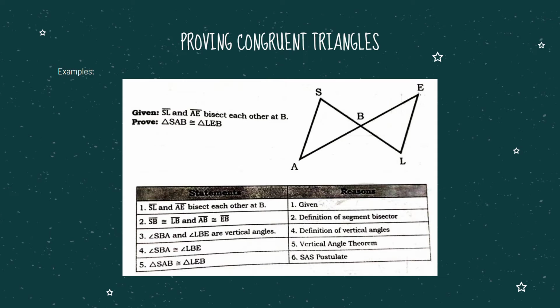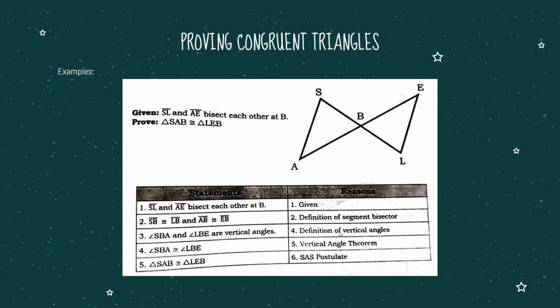Number 2. Line segment SB is congruent to line segment LB and line segment AB is congruent to line segment EB, for the reason that it is the definition of segment bisector. Number 3. Angle SBA and angle LBE are vertical angles. The reason is that it's the definition of vertical angles. We have a typo.